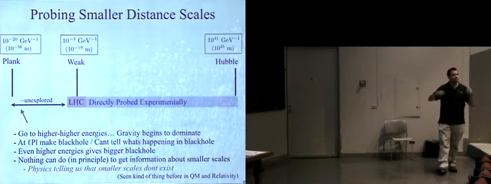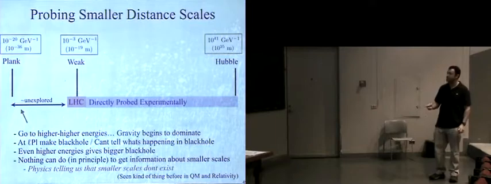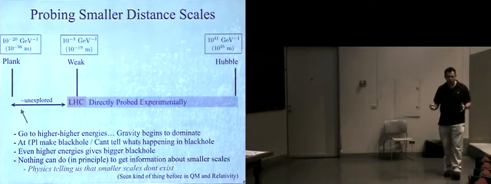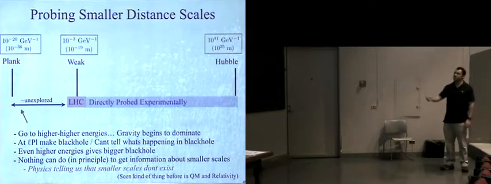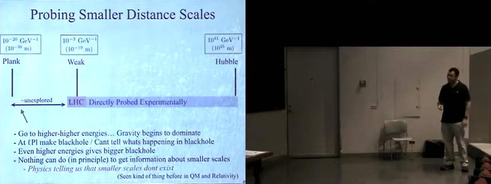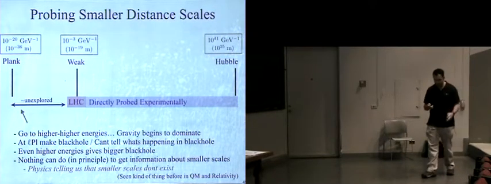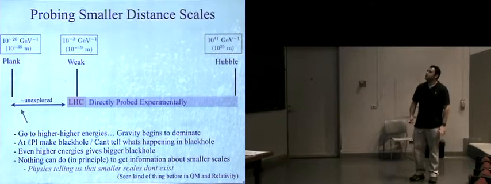So absolute time is something that fundamentally doesn't exist. And it's the same thing that's happening here. Physics is really telling us that there's nothing that you can do to make sense of smaller distances than this Planck scale. And so that's a big hint that these smaller distances actually don't exist.